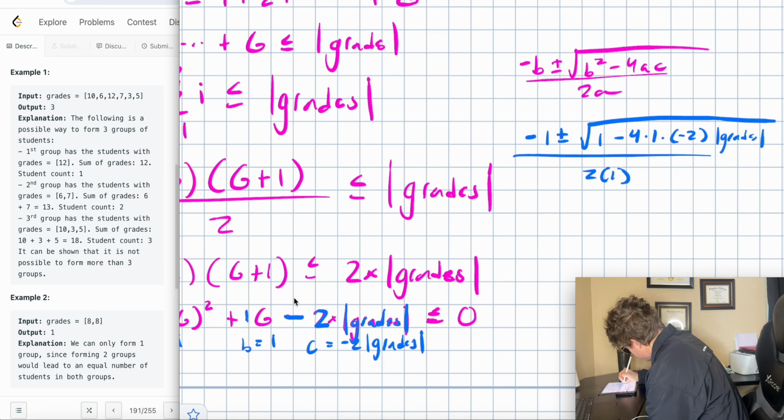So this means that this equals negative 1 plus or minus the square root of 1 plus 8 times the length of grades all over 2. So our g answer, the number of groups we can create, is negative 1 plus this.